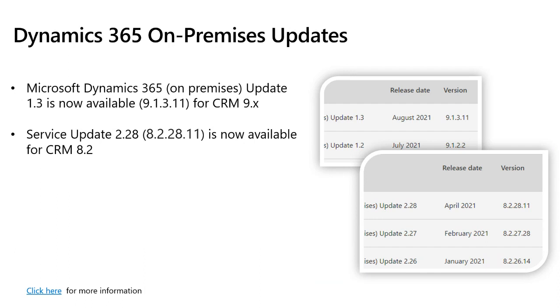And then for the 8.2 version, that one is now out of mainstream support. So we're seeing fewer updates. The only updates that would come now would be anything on the security or data damaging side. So the last update there was back in April, 8.2.28.11, and so that's the latest one for 8.2.